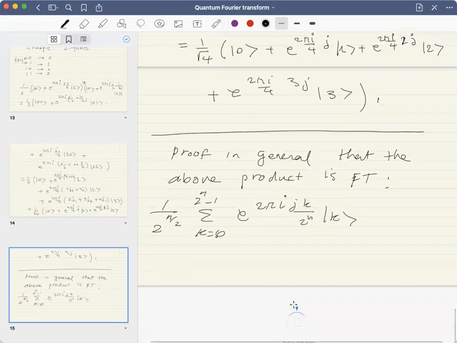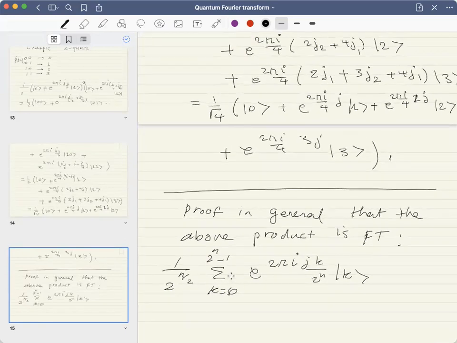Now, I want to write this. I write my k as the string k1, k2 up to kn, and I write my k over 2 to the n as a sum. So let's do this here. I have 2 to the n over 2, then I have a sum over, let's say, k1 is 0 to 1, k2 is 0 to 1, kn is 0 to 1.